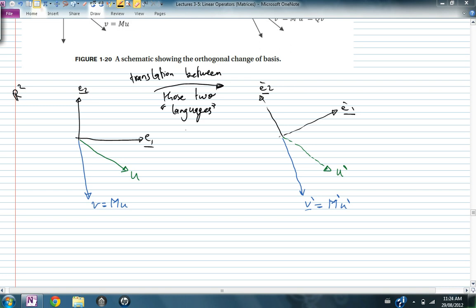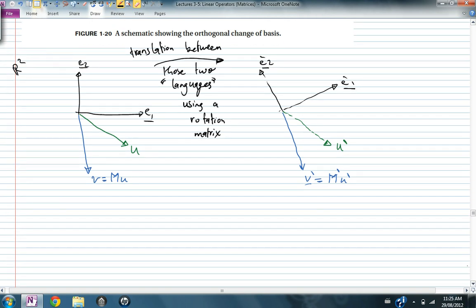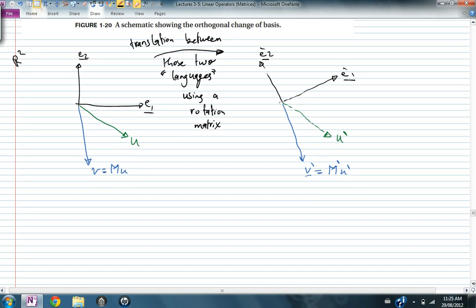The translation is done using a rotation matrix. In fact, an orthogonal matrix, but usually we keep the determinant equal to 1, so it becomes a rotation matrix.